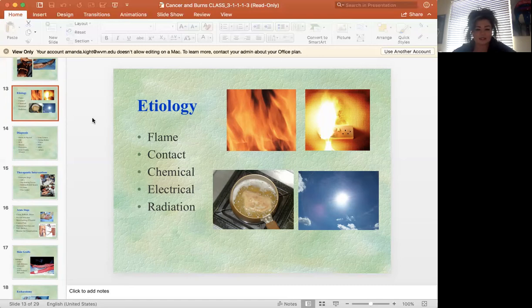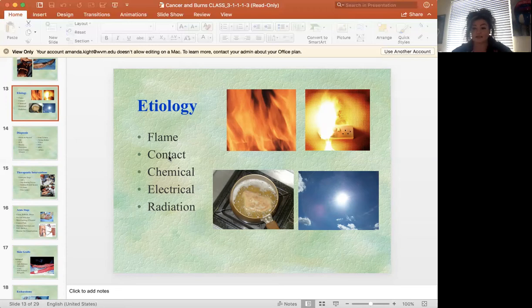So etiology, we talked about earlier, but let's just go over it. Flames, so we know what fire is. Contact to the fire, or chemical or electrical or radiation. I think what they mean by contact here, I don't know why I missed that when I was going over the PowerPoint, would be like if somebody were doing something electrical and you happen to be touching them, that current can go through them to you.